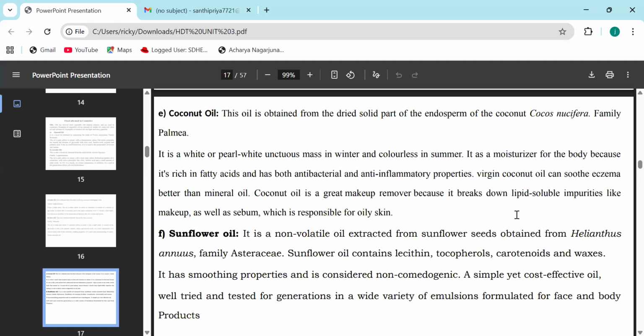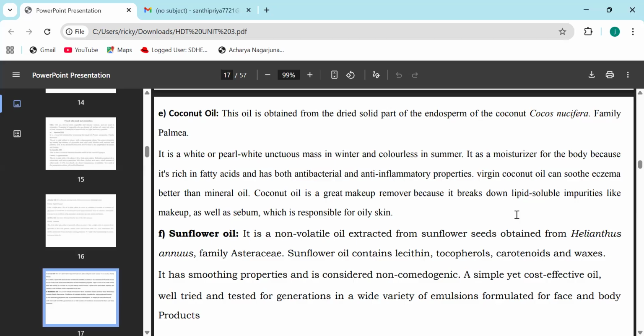Virgin coconut oil can soothe eczema better than mineral oil. We can use it daily. Coconut oil is also a great makeup remover because it breaks down lipid soluble impurities like makeup as well as sebum, which is responsible for oily skin.